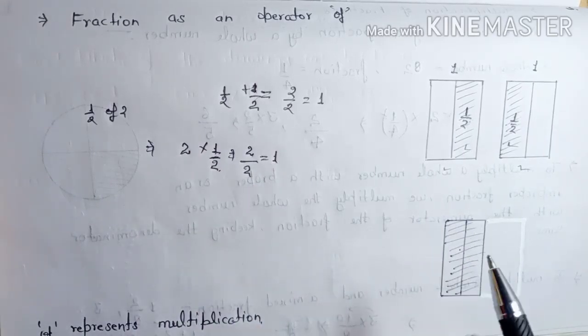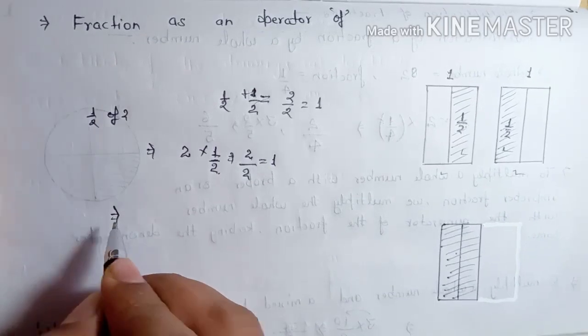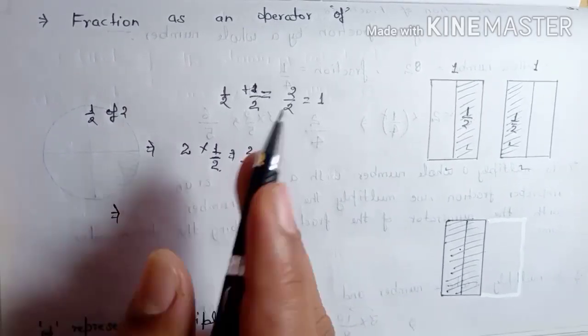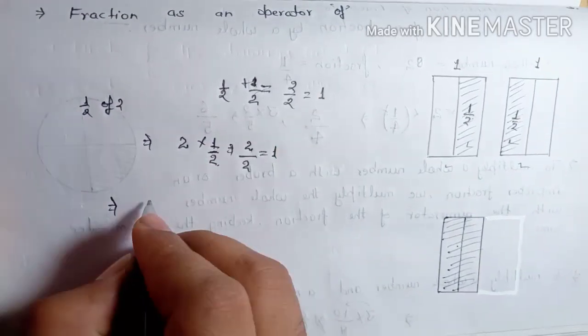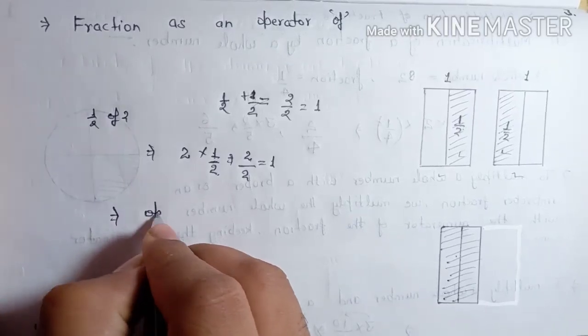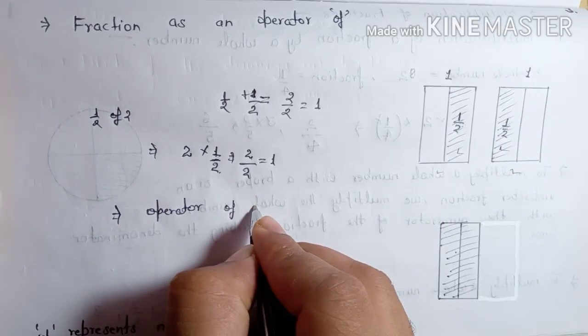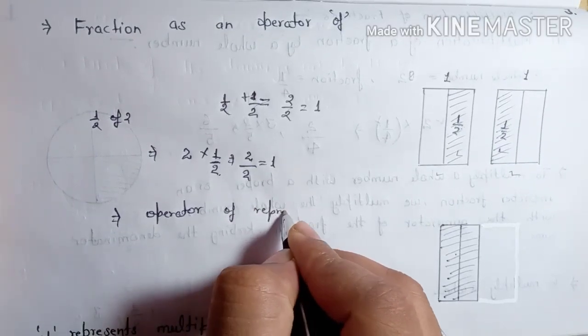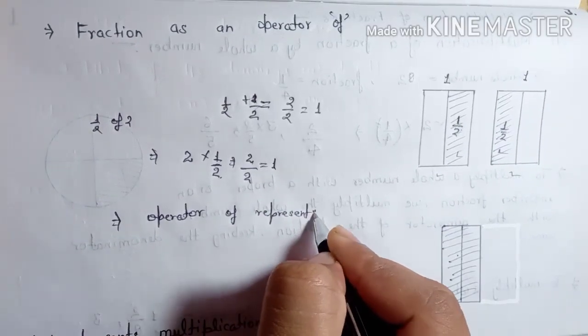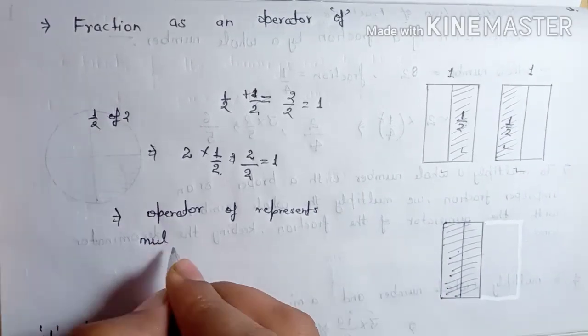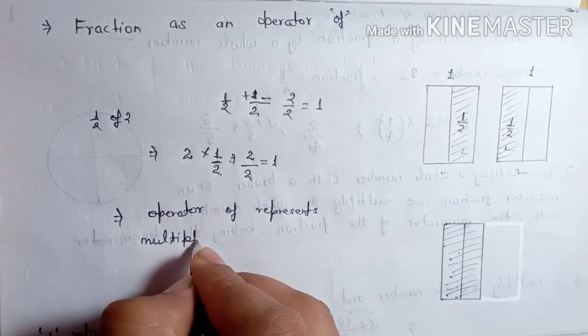So you can say here finally, this operator 'of' represents multiplication.